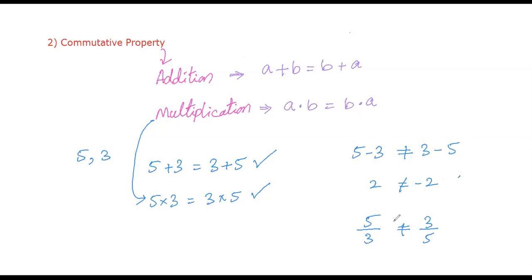So this property says that if we interchange the values, we get the same result. It works for addition and multiplication: A plus B is B plus A, or else A times B is B times A. That's all for the commutative property.